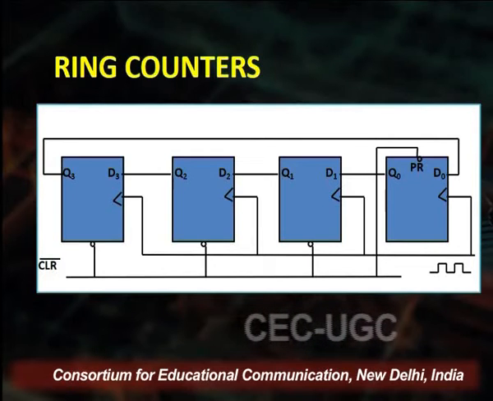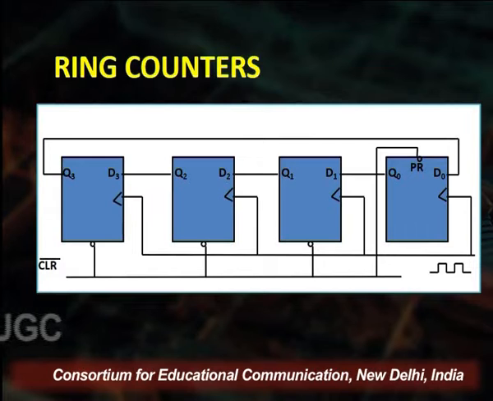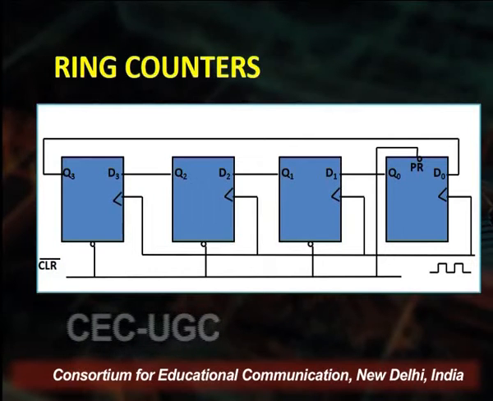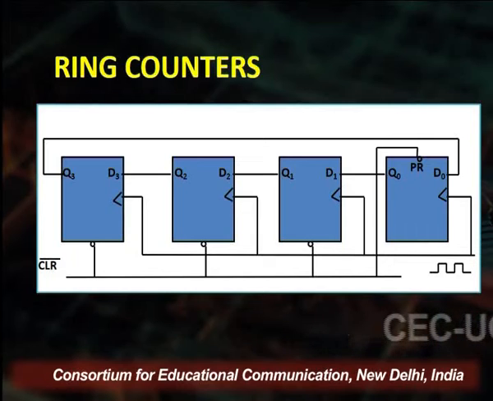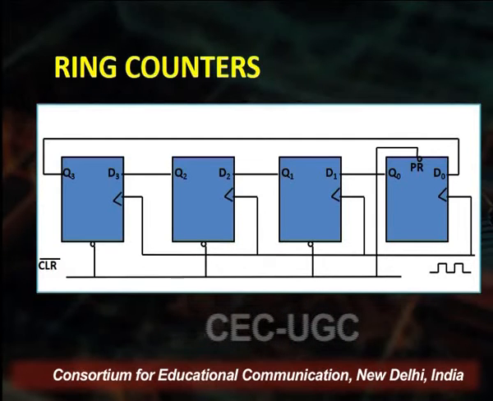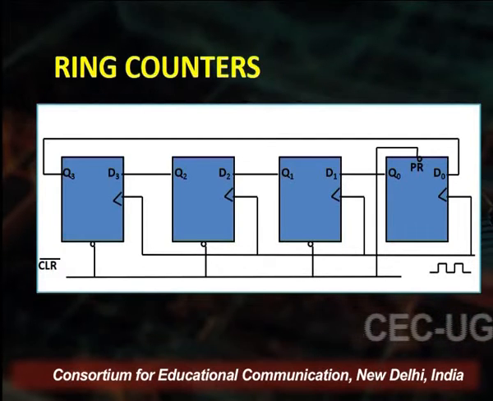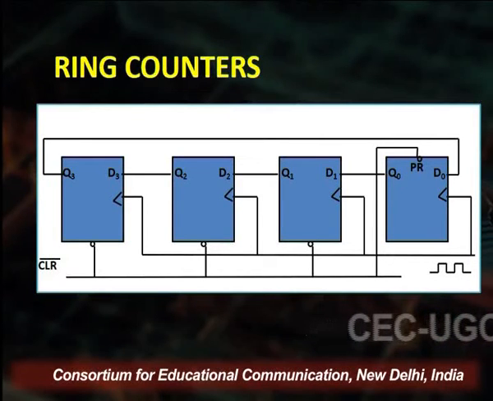The LSB has become 0 because it has taken the input from Q3, and the output at Q0 has moved through the input of the next flip-flop to its output, of course after a certain delay of a few nanoseconds. That is known as the propagation delay, as we have studied in our earlier lectures. So the third clock pulse would read Q3, Q2, Q1, Q0 as 0, 1, 0, 0.